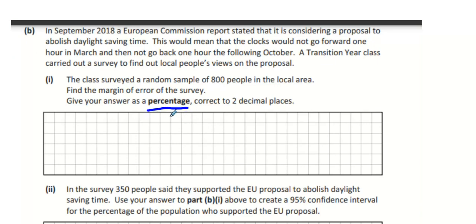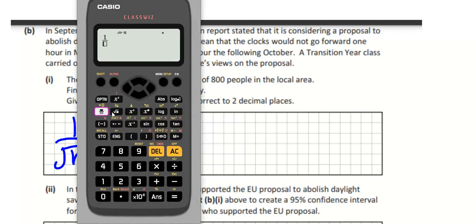Does anybody know the margin of error formula? Yeah, it is 1 over the square root of n. So what is it? 1 over the square root of? How many people did we interview? Okay, let's have a look at what that is. 1 divided by square root 800, and we get 0.353.